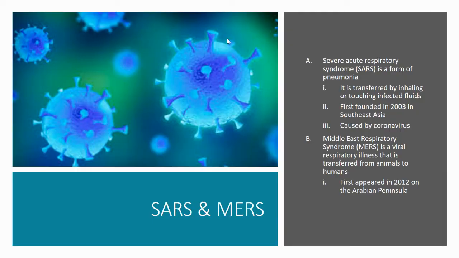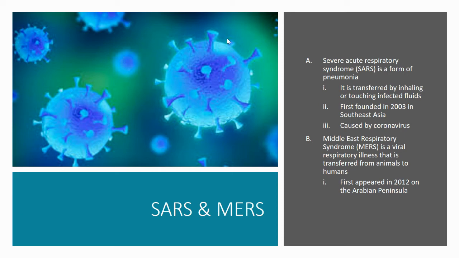Here is SARS and MERS, and you'll notice in the picture here, this looks very similar to what we're dealing with now in terms of COVID-19, because both SARS and MERS are somewhat similar to coronavirus. So SARS stands for Severe Acute Respiratory Syndrome.